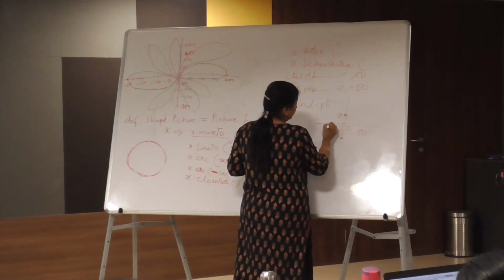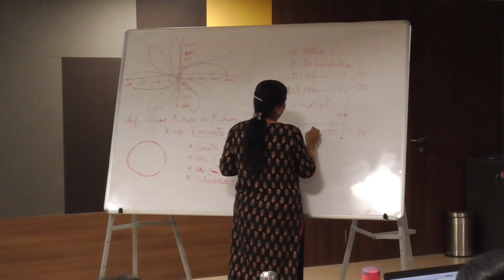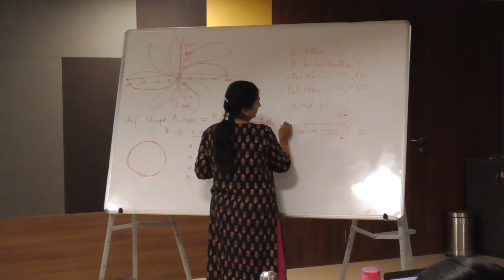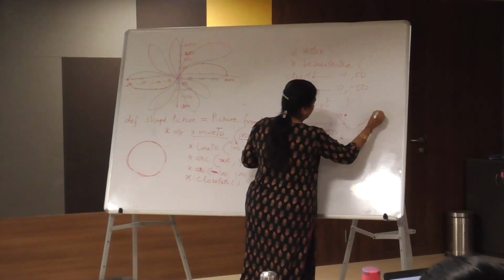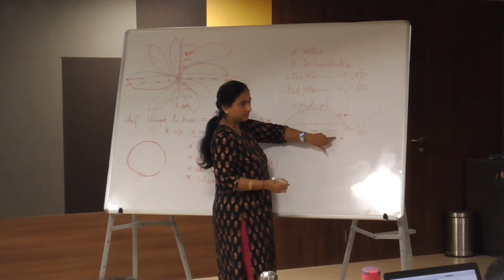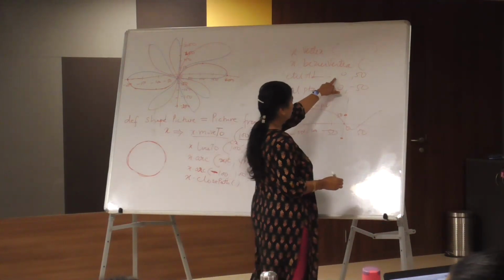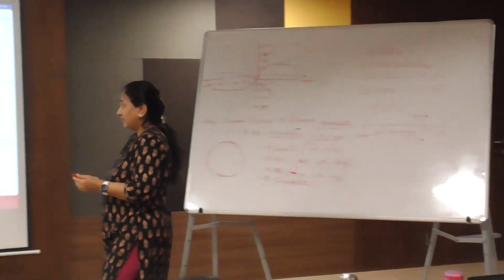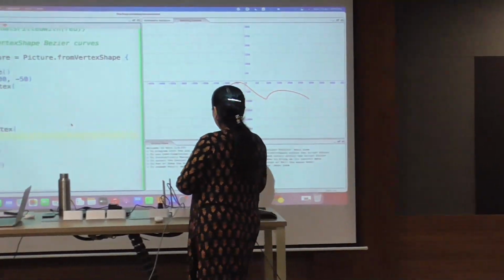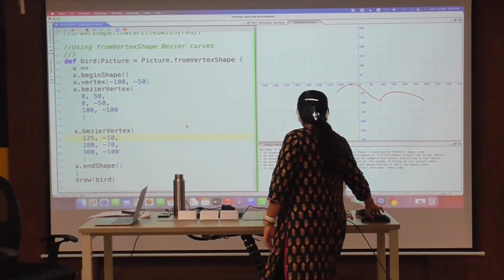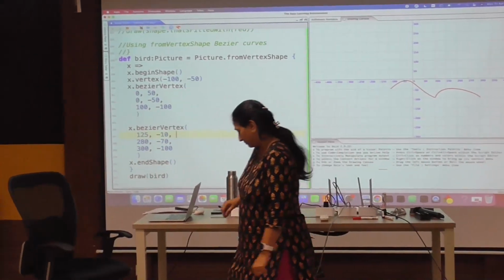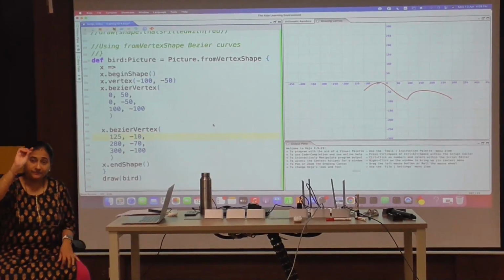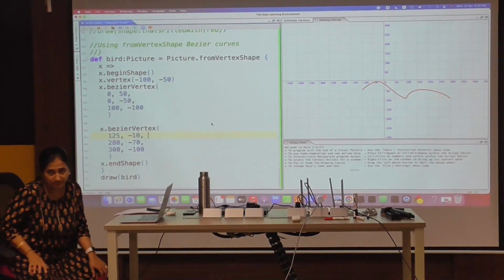Okay, so your curve that has started somewhere at minus 200, this point, it will go in between the two, but it will not touch. It is not perfectly in the middle. It averages itself and draws the curve.